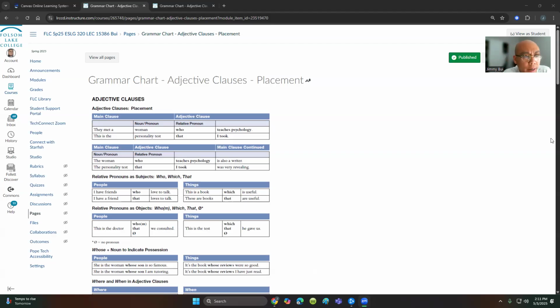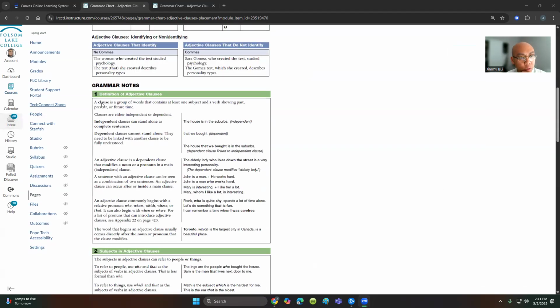And so for this coming unit, we are going to finish this week and next week with adjective clauses. Okay. And so what is an adjective clause? An adjective clause is a group of words that contain at least one subject and a verb showing past, present, or future time.